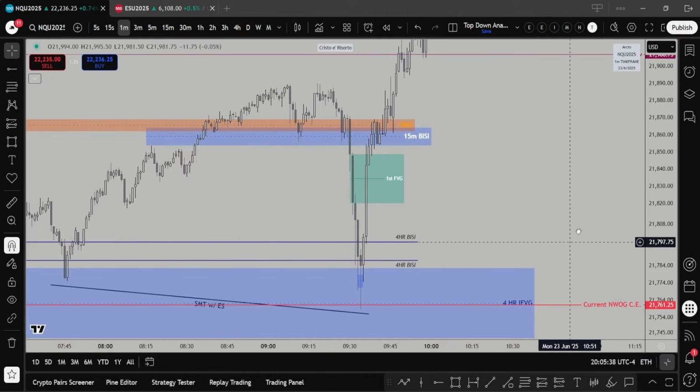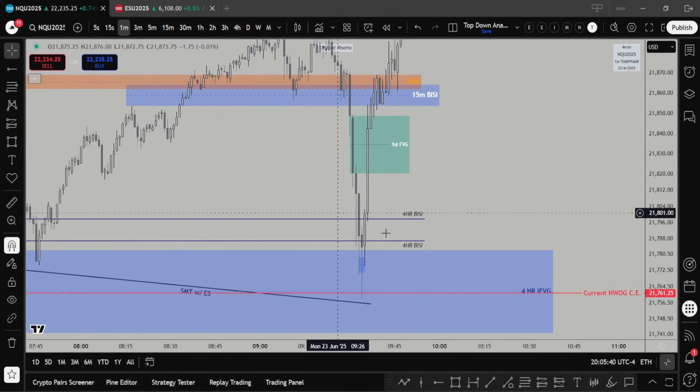Price opens up with a volume imbalance. Now, we've gone over this a lot in our server with the volume imbalances and how I use them. If we're truly bullish in here, price should not trade back below this candlestick's low when that volume imbalance opens.